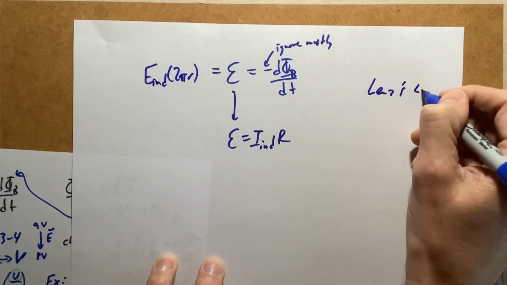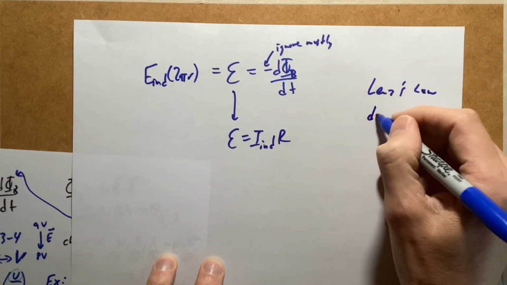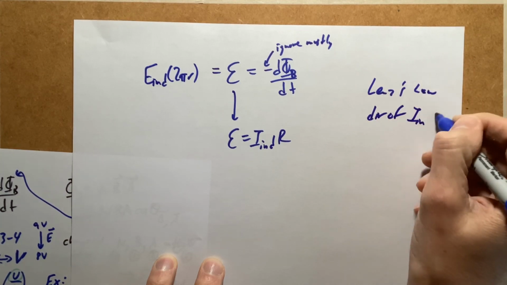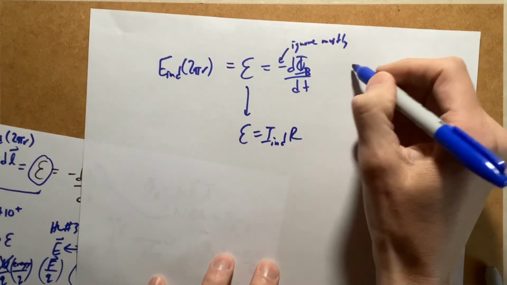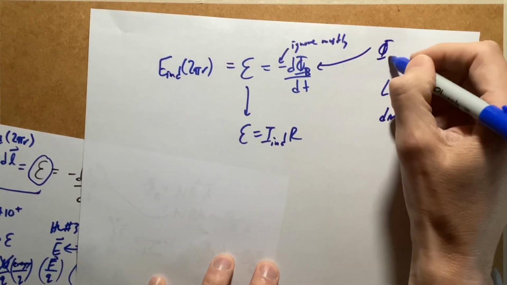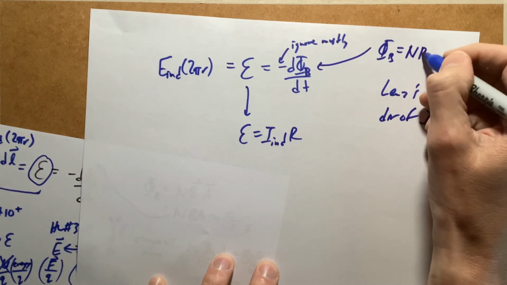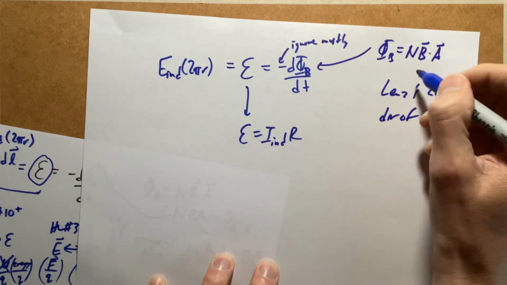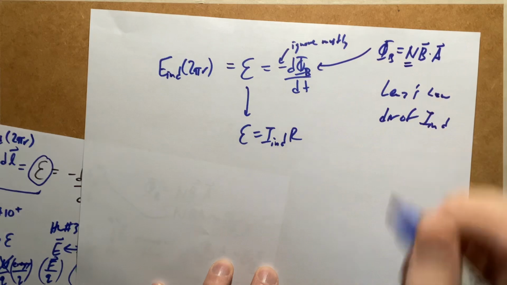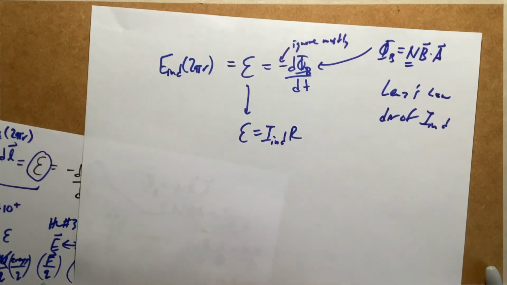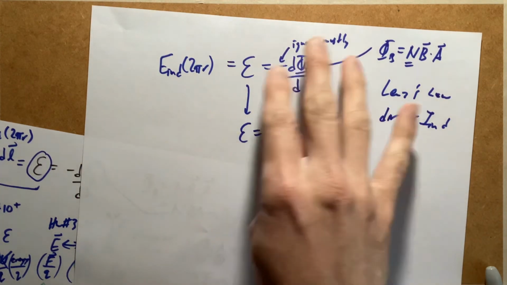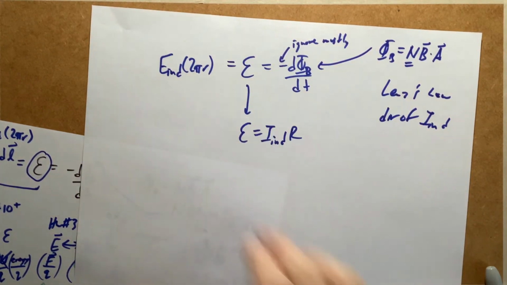Lenz's law gets us the direction of the induced current, and the flux itself we're going to calculate with N B dot A, so that we can get more flux usually, because we oftentimes have more than one coil. So that essentially is kind of the master cheat sheet which we are going to use for this law.